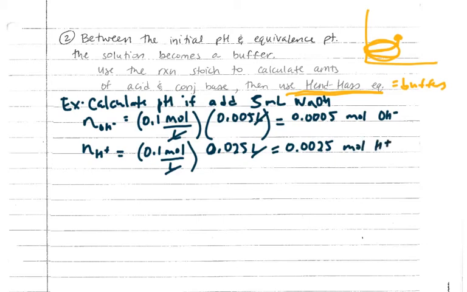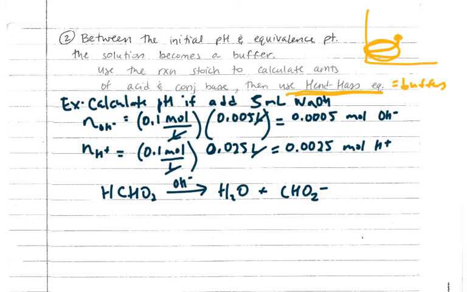All right, so if we draw out this equation, HCHO2, our weak acid here, when it reacts with the base that we add to it, it gets neutralized into water, and then we have also the conjugate base of this weak acid. And so these are in equilibrium with each other.